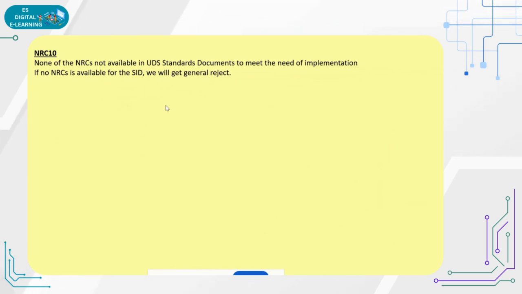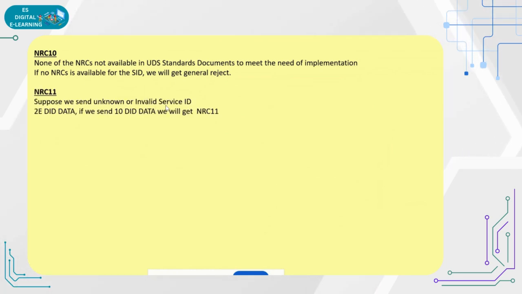It's clear, right? You only need to understand it theoretically and in a realistic way. Coming to NRC 11, write down NRC 11. This is service not supported. So you completed one example for NRC 10.